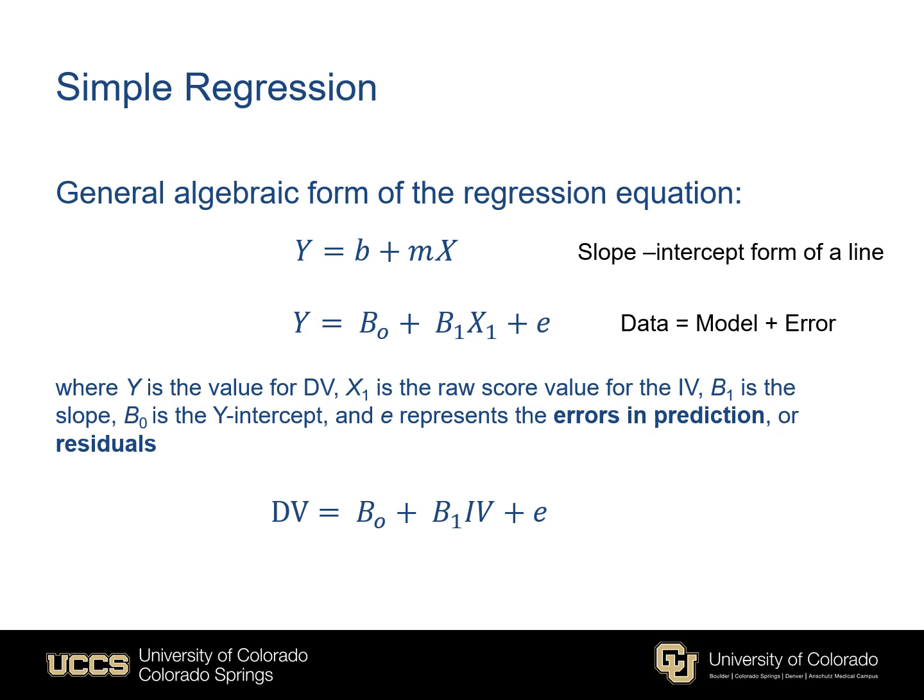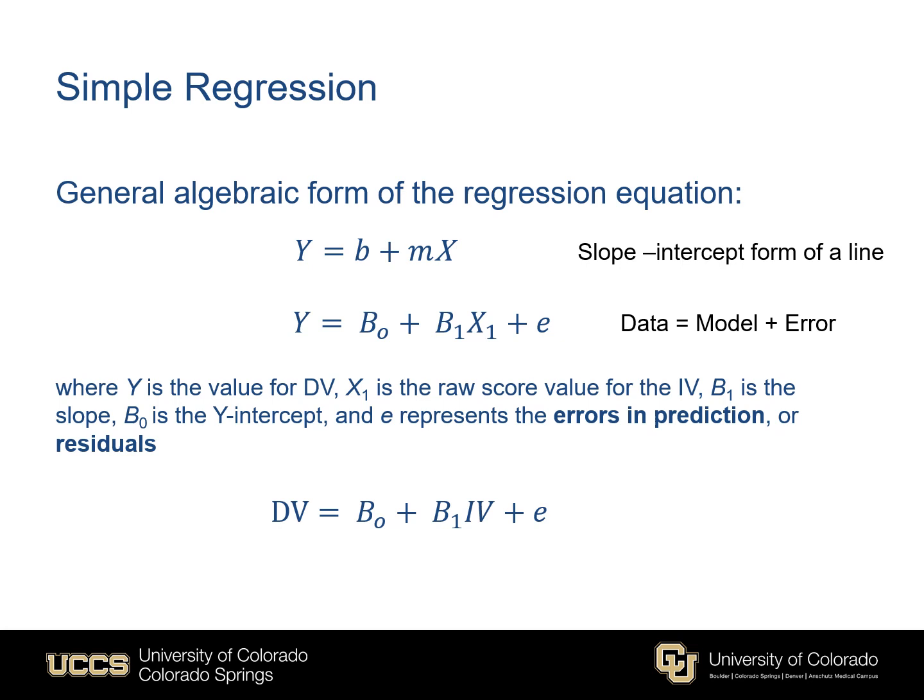One other thing that I want to point out is that a general principle in regression modeling, a simple way to think about things, is that your actual data, your raw data, is some combination of what the model would predict your data would be, plus the error that resides between your actual data and what the model would predict your data to be.